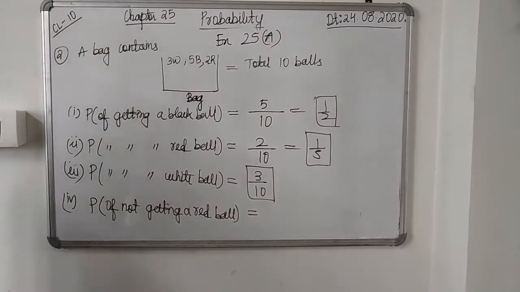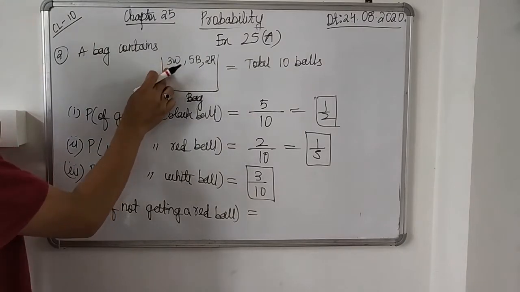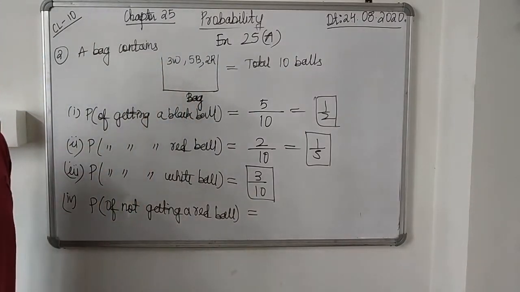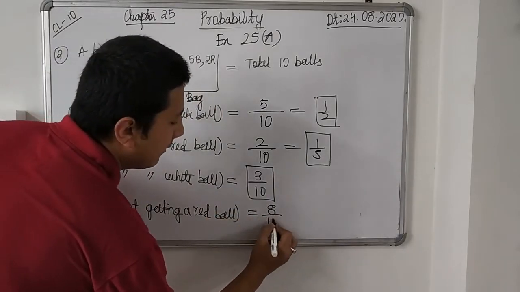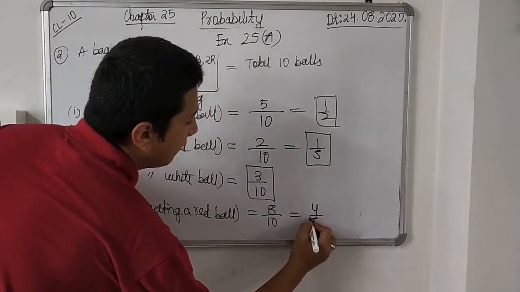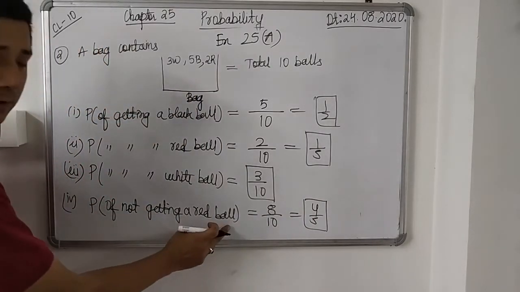Except this red ball, I can get either white or black. So what are the chances? 8 out of 10, which means 4 by 5. I am excluding the red ball because I am not finding the probability of getting a red ball.